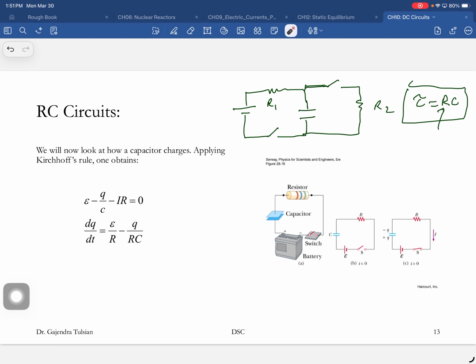So this is really a differential equation: E minus 1 over C Q(t) minus R times dQ/dt equals 0. This is one of the reasons why you study differential equations.